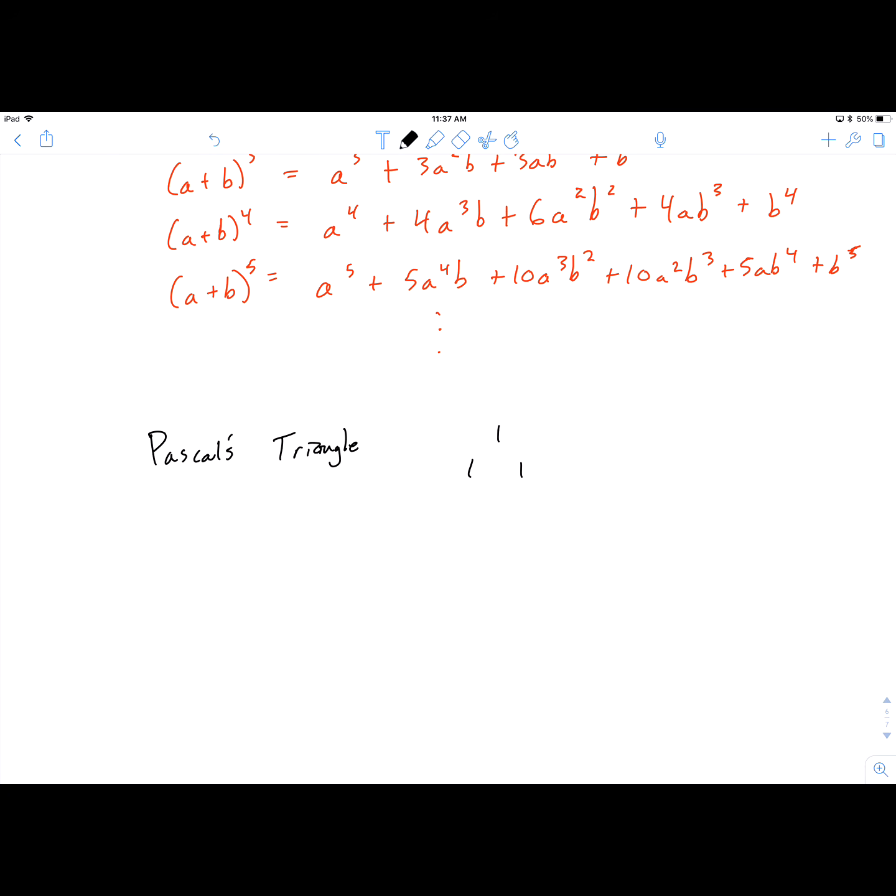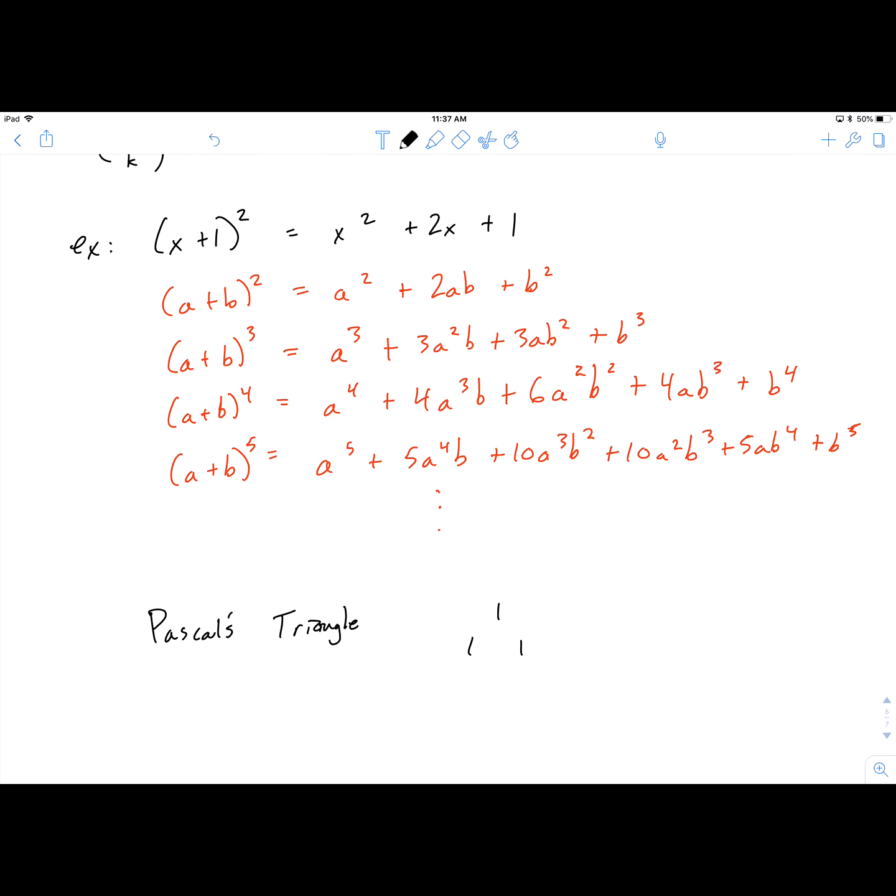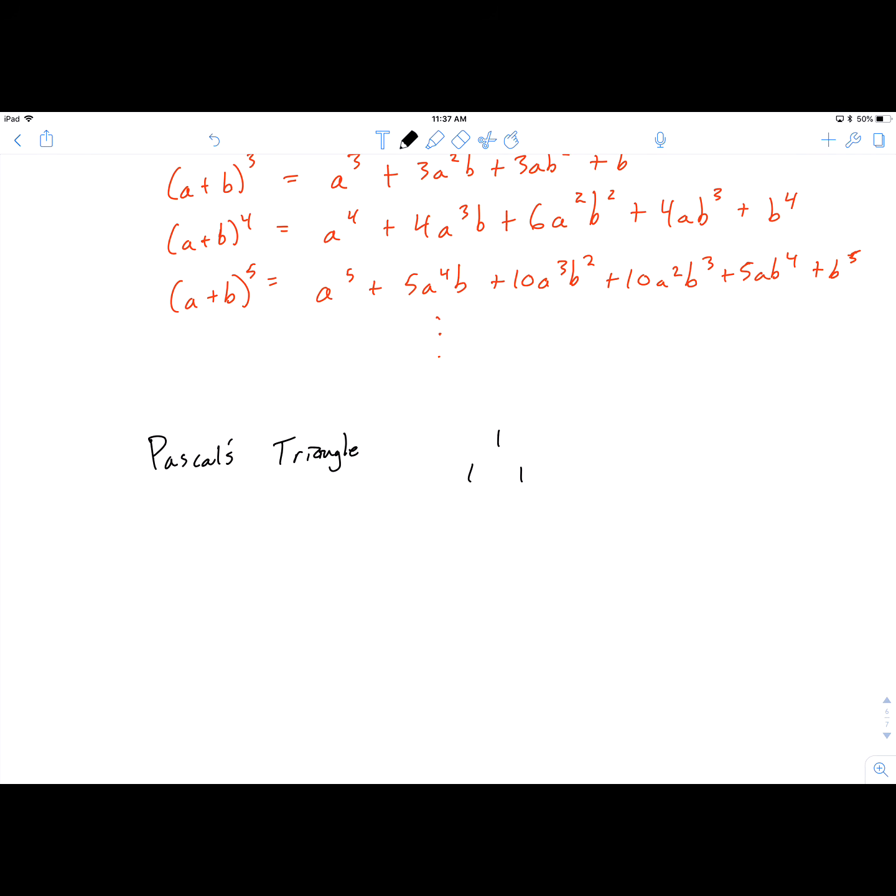And then these diagonals, you just keep filling in 1s, so all of these coefficients at the far ends are 1s. And then between those, each number is the sum of the two numbers above it, to the left and to the right.